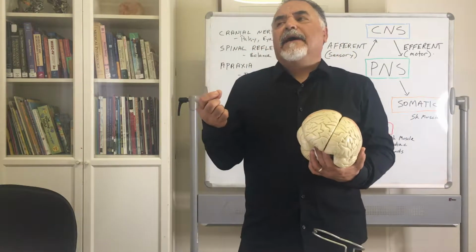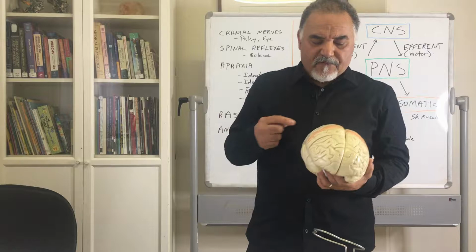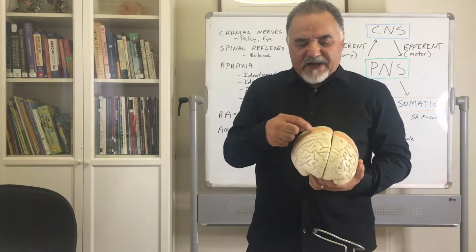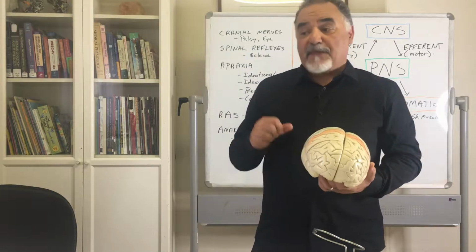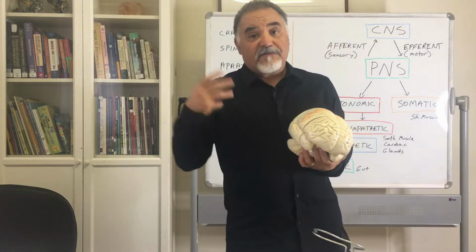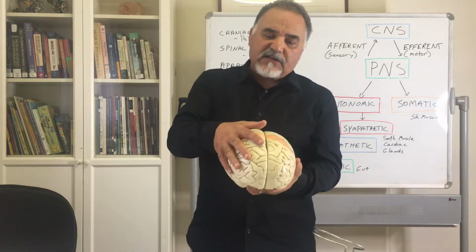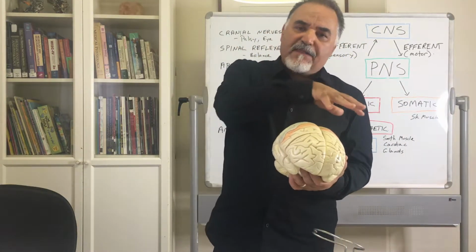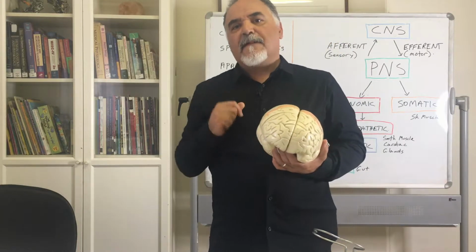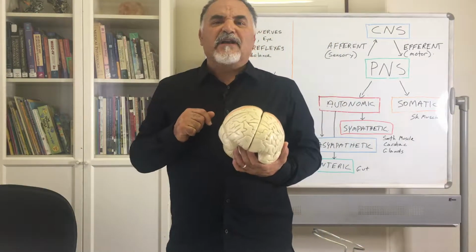If I got an electrode and I stimulated different parts of this motor cortex, then I will actually move different skeletal muscles. The right controls the left, and the left controls the right side of the body, and vice versa.